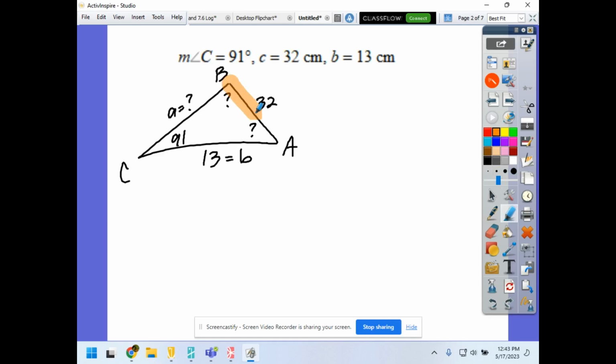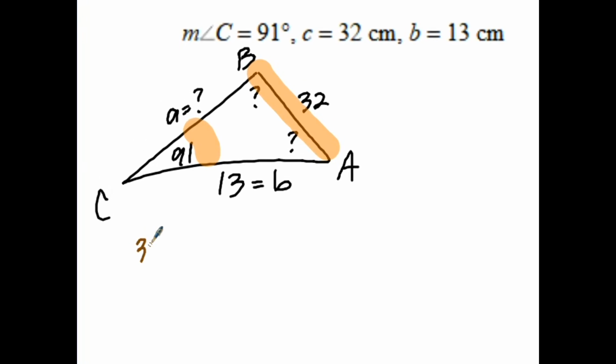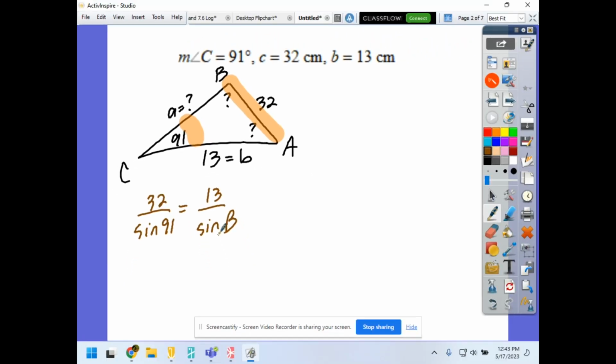We have a partner here, 32 with its angle, so we can say that we have 32 over sine of 91 is equal to 13 over sine of angle B. Remember to make sure that your calculator is in degree mode before you start anything. So here we're going to cross multiply.